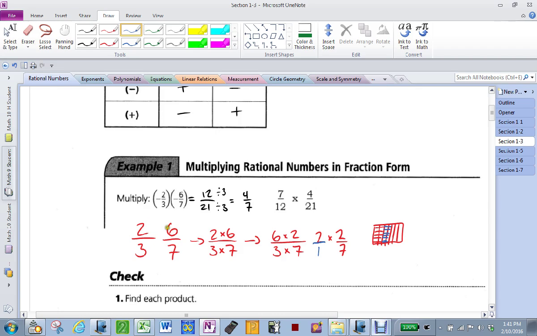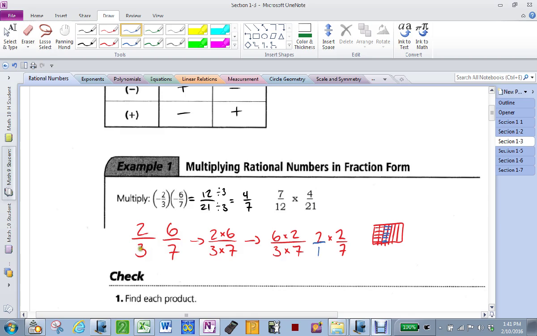So since everything on the top is getting divided by everything on the bottom, we can check at the very beginning if there's any fixing up we can do. So we check with 2. Does 2 divide with 3 or 7 at all? No. Does 6 divide with 3 or 7 at all? It does, doesn't it? Because 3 goes into both of these.